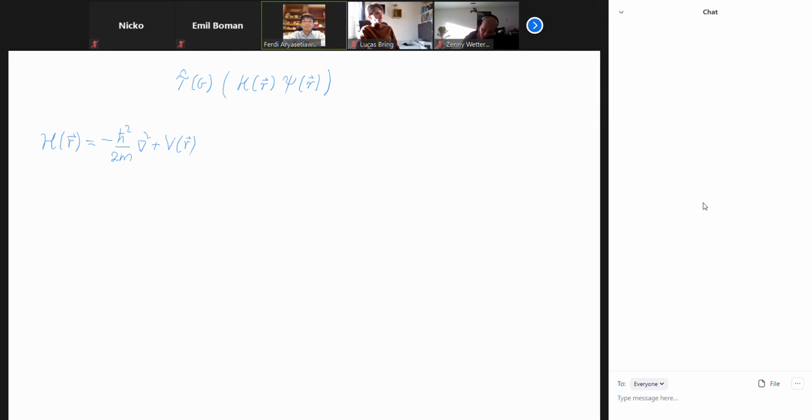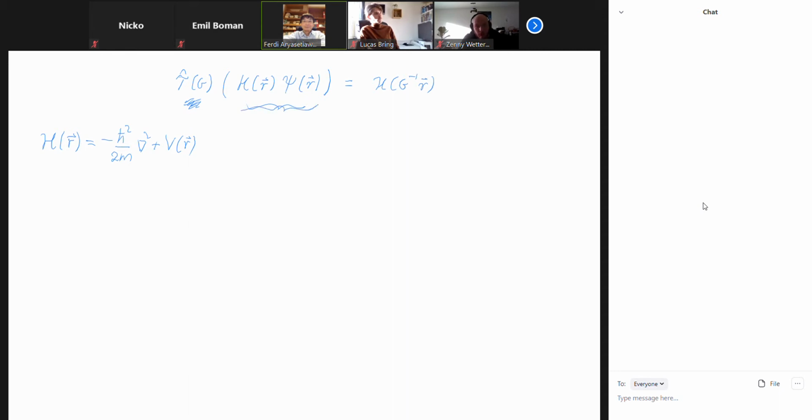So we assume that the Hamiltonian, of course, has some symmetry represented by these operators here. So now we look at what happens to this quantity when we operate on it by a symmetry operator. According to our definition, we should treat this whole thing as a function.